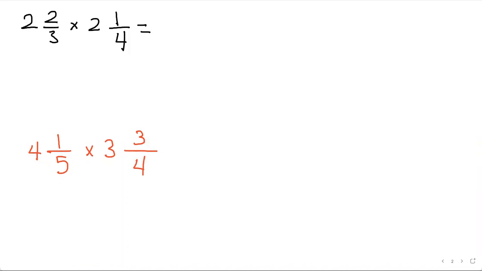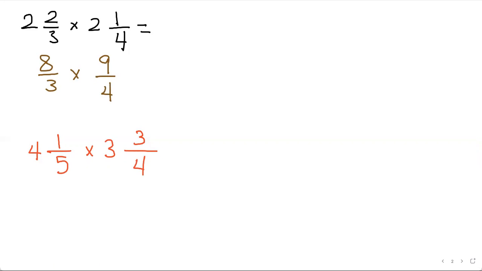When you're multiplying mixed numbers, the first thing you need to do is change them to improper fractions. So 2 times 3 is 6, 6 plus 2 is 8. That's going to be 8 over 3, times 2 times 4 is 8, plus 1 is 9, so 9 over 4.